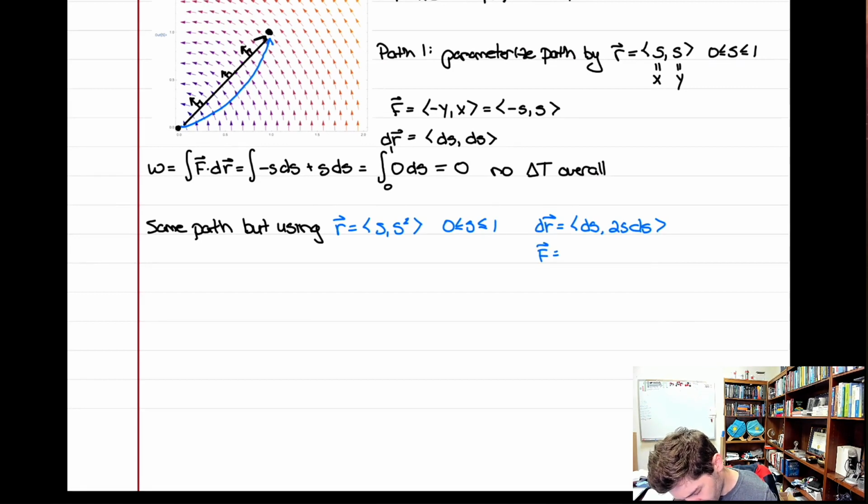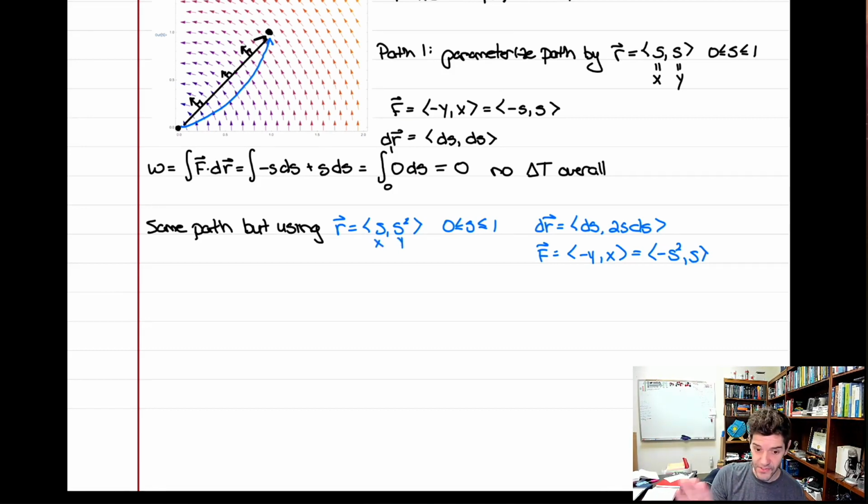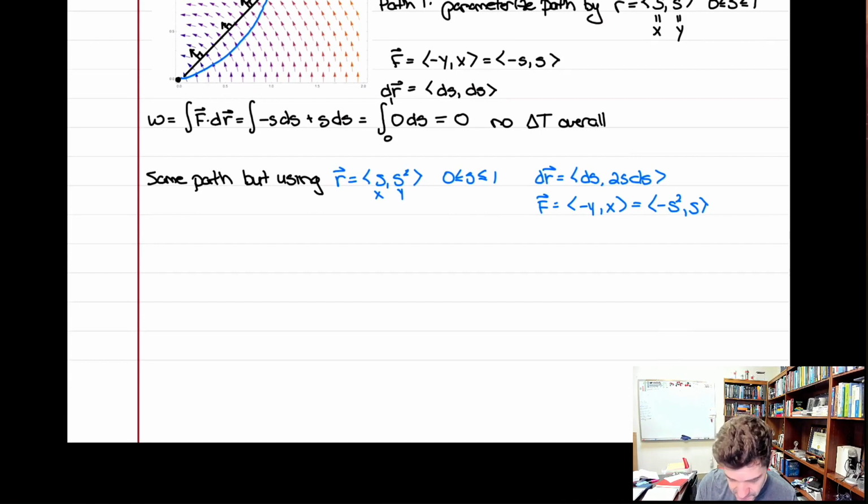The force vector, which is negative y, x, well, y in this case looks like it's s squared, and x looks like it's just s in this case. Because again, this is telling you x and y. Your parameterization tells you what x is as a function of this parameter s. Which again, you could also use t, but since it's up to you to make this whatever you want, I like using s instead of t.